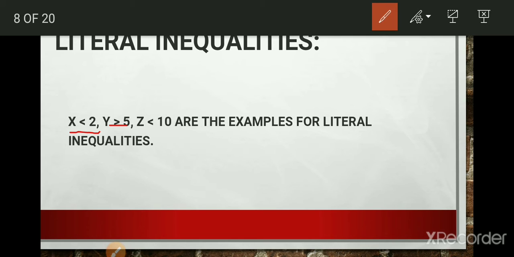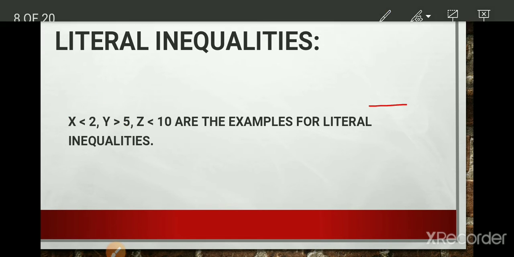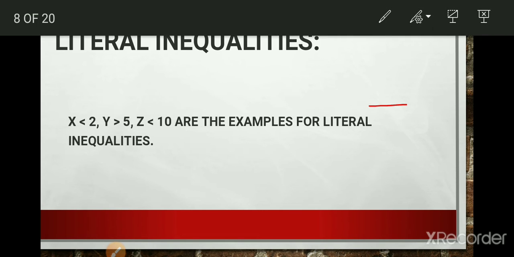That is, x is less than 2, y is greater than 2, x is less than 10. Whereas in numerical inequalities only numbers are involved, here one variable, that is one letter, and one number is involved.